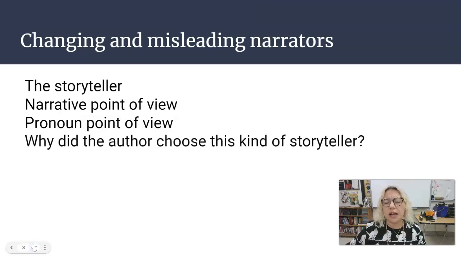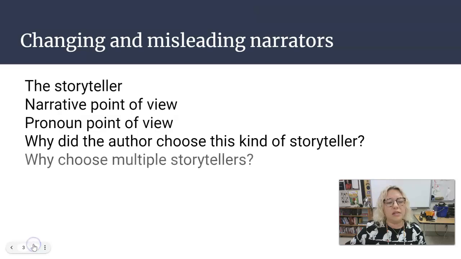So the questions you want to be asking yourself if you choose this literary aspect to trace in the book are, why did the author choose this kind of storyteller? What is the effect? And what's interesting about the narrator in The Things They Carried is that it changes.